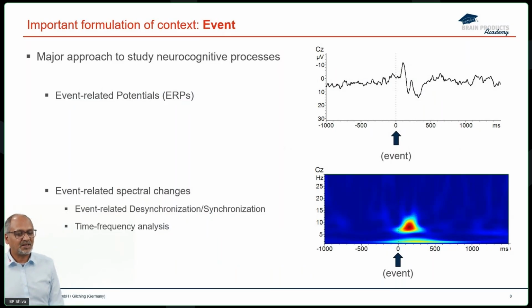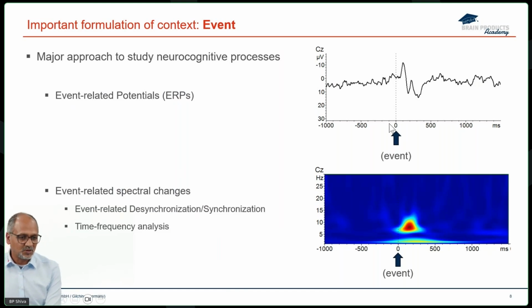So events are a crucial concept to bring context in EEG studies, and they are part of important paradigms such as the event-related potential approach to study neurocognition, as well as event-related spectral changes.